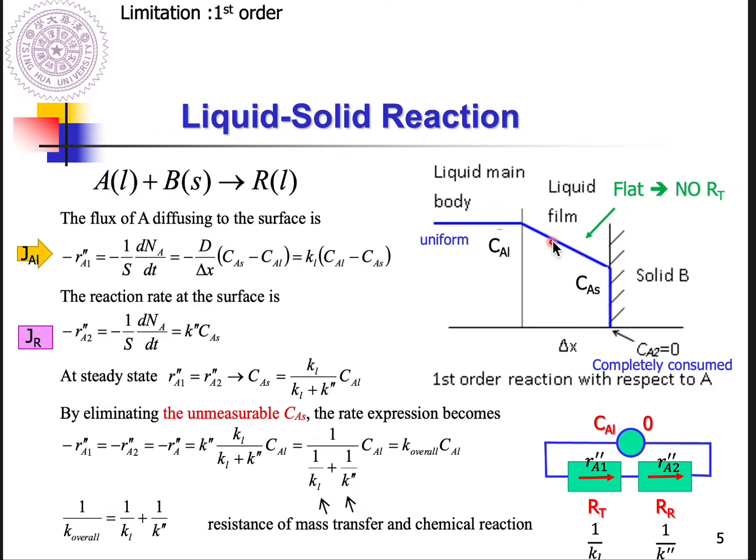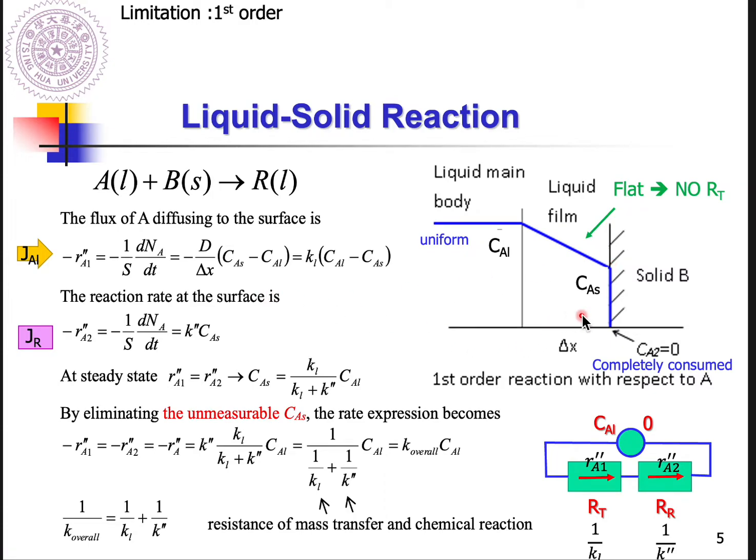But if the profile is flat, that means there's no transport resistance in the liquid film. But as you know, because of the kinetics model inside the liquid film, reactant A is diffused through the film layer, so there must be a concentration gradient present in the film layer.